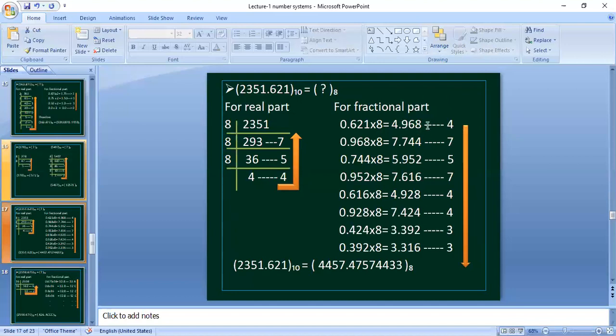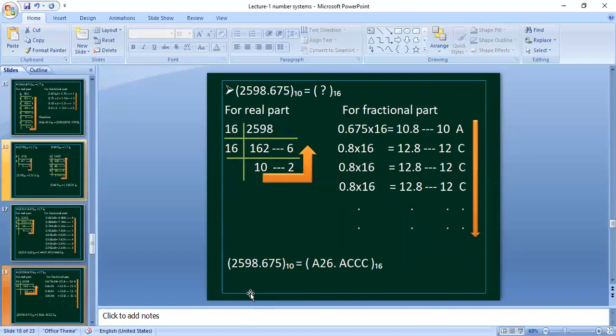And again, the fractional part is multiplied with 8. This procedure is repeated until the fractional part of the product is 0, or till the desired accuracy is obtained. So this is the result for the given fractional part, and this is the equivalent octal representation for the given decimal number.